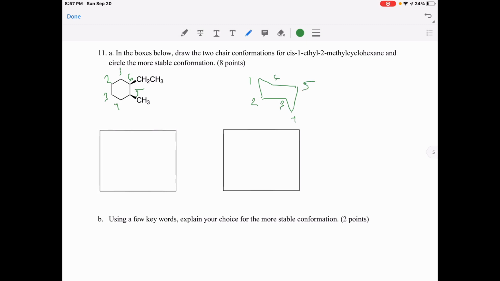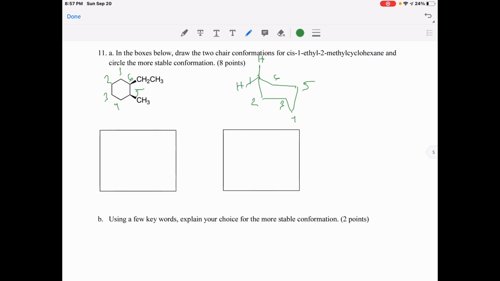So when we draw these structures out, let's say that for one, since there are two hydrogens there, let's make the first one axial up. That means that the substituent that's facing downwards would be equatorial.